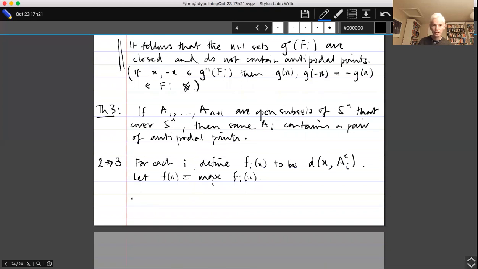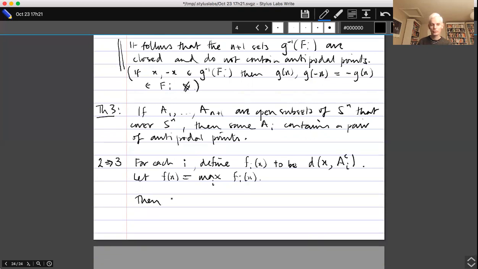Now I'm going to claim that, first of all, each f_i is continuous. That's sufficiently easy to prove that I'm not going to do it right now. So each f_i is continuous, so f, a max of a finite number of continuous functions, is continuous.